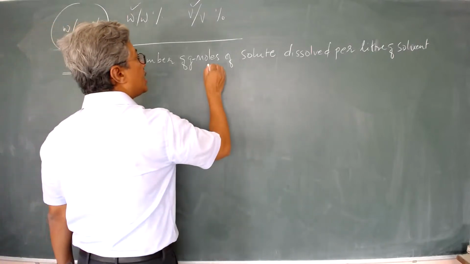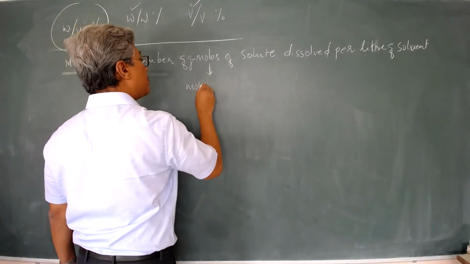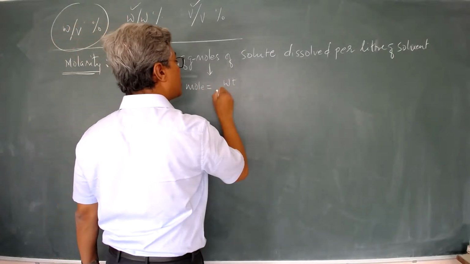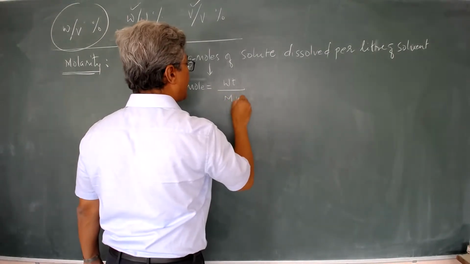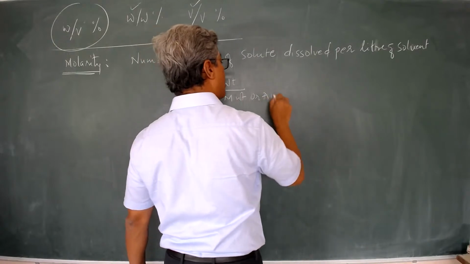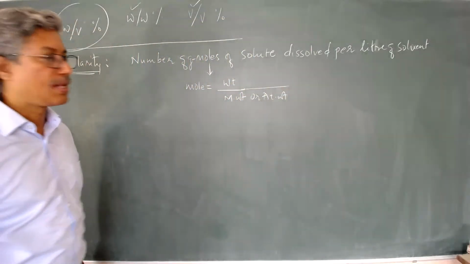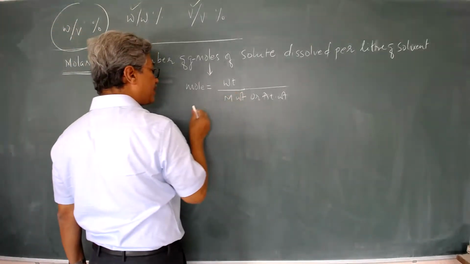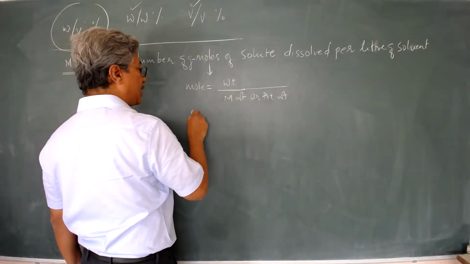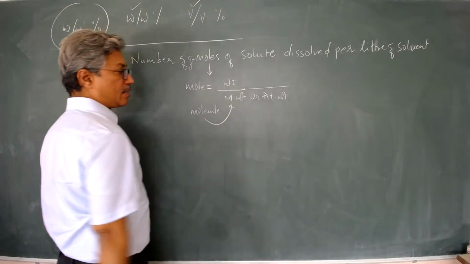See students, you have already come across the meaning of mole. Mole means weight divided by molecular weight, or you take atomic weight. Then the question arises, what to take? Suppose you are dealing with a substance which is a molecule, then you take molecular weight.